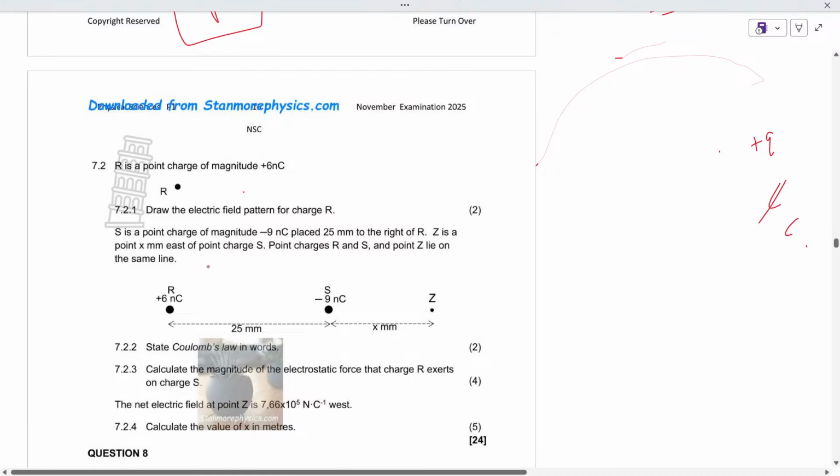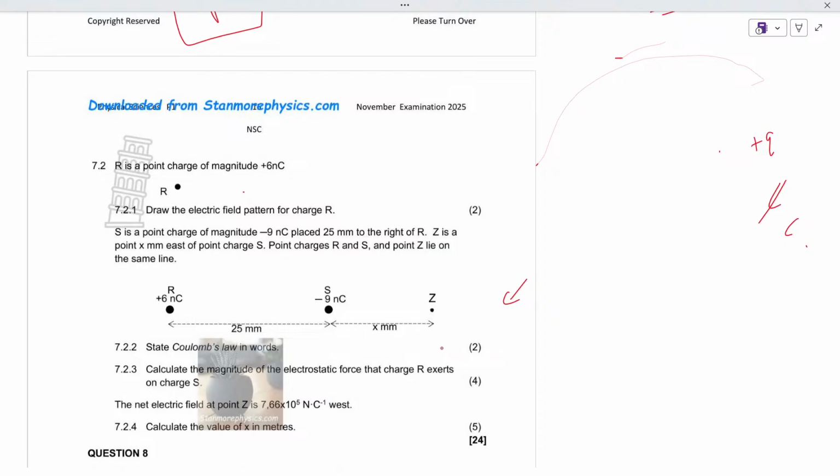It continues to say that S is a point charge of magnitude negative 9 nanocoulombs, placed 25 millimeters to the right of R. You see, in grade 12 we were doing this very same thing, the same straight line, but there Z was a test charge. The difference is that this one is a point charge.